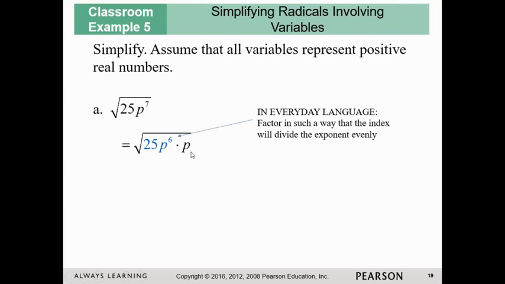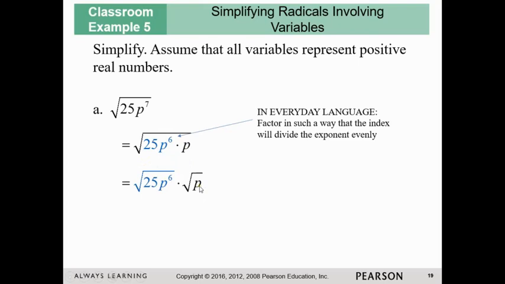So remember, we can't divide 7 evenly by 2. So we factor that in such a way that we got p to the 6th times p.